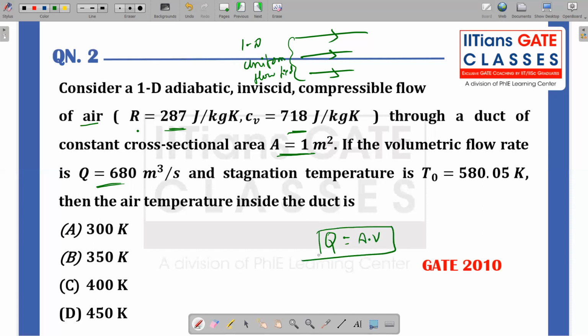So how much flux is going out of a given area, that is the volumetric flow rate, and the stagnation temperature is 580 Kelvin. Then they are asking the static temperature of the air within the duct if the stagnation temperature is known in that particular flow field. So now we will solve this particular problem.